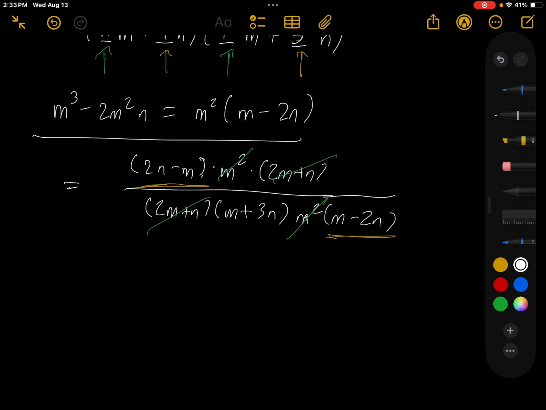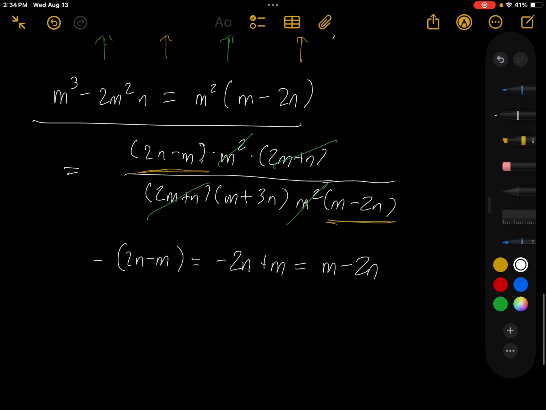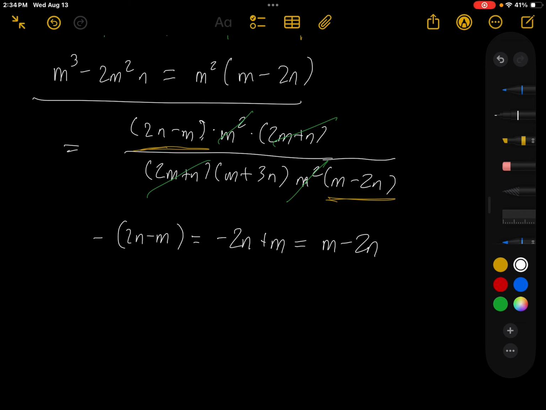Now those are almost the same. Actually, if I take 2n minus m and multiply it by negative 1, I get negative 2n minus negative m, that's plus m, and that's the same as m minus 2n. Right? So negative 1 times 2n minus m is m minus 2n.